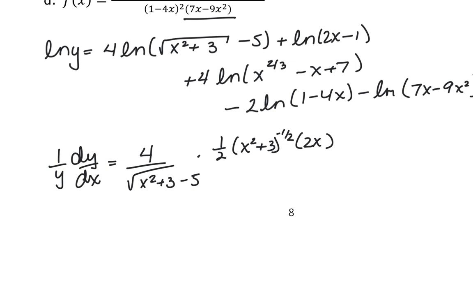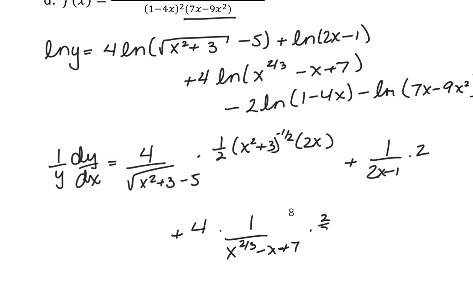Then my next term, I'm going to have plus 1 over 2x minus 1 multiplied by 2. My next term is going to be 4 multiplied by 1 over x raised to the 2/3 minus x plus 7, multiplied by 2/3 x raised to the negative 1/3 minus 1.